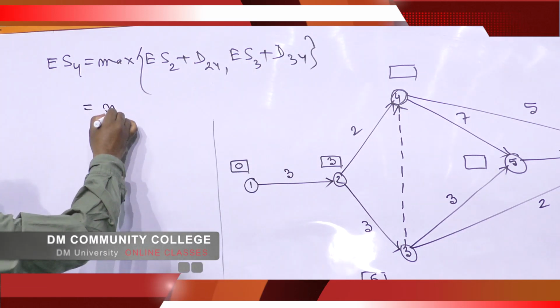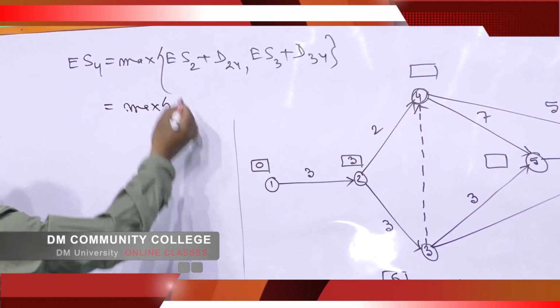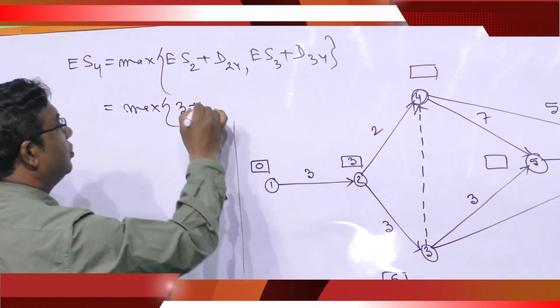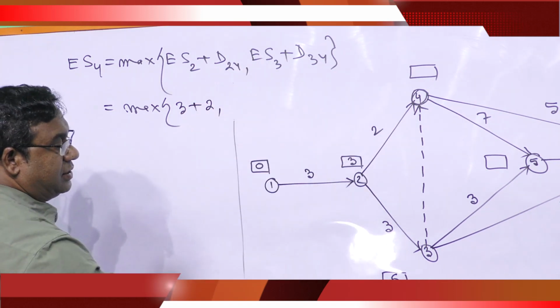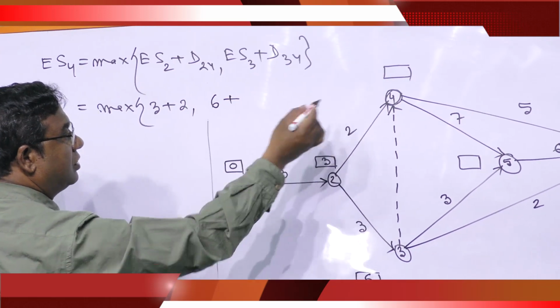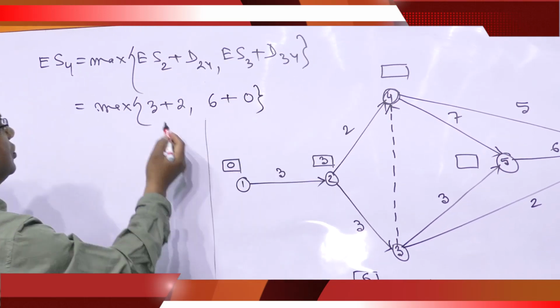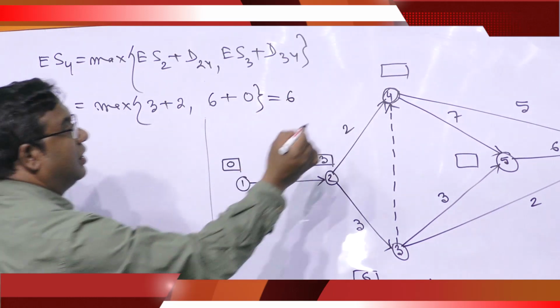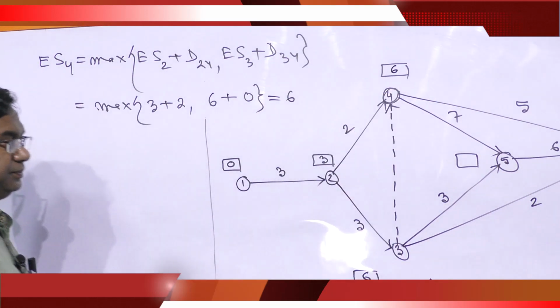So this is the maximum of ES2 3, D24 2, ES3 6, D34 0. So this is 5, this is 6. We have to take 6, then we have to write 6 here.